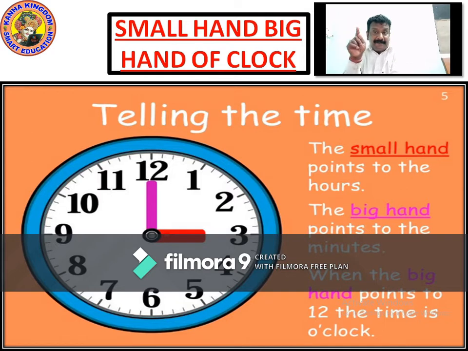It has completed 60 minutes. So now what's the time? The small hand is showing 3 and 60 minutes make an hour. Already it has completed 60 minutes. 1 hour is complete. From 2 it has come to 3.